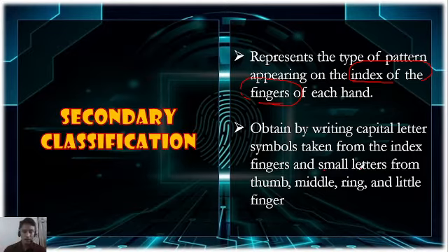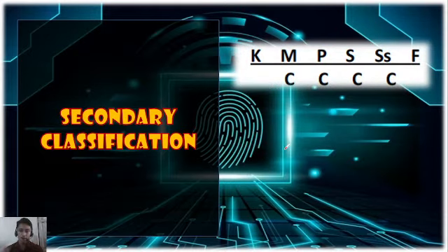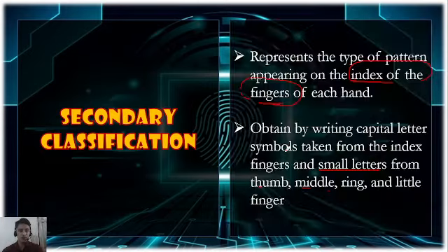And for the small letters group, we are going to use it on the thumb, middle, ring, and then the little finger. In other words, for the index finger we are going to use capital letter group, and for the other fingers we are going to use small letter group.